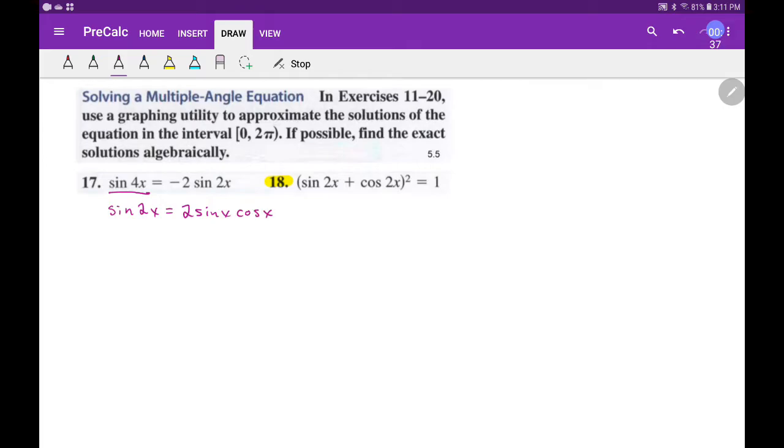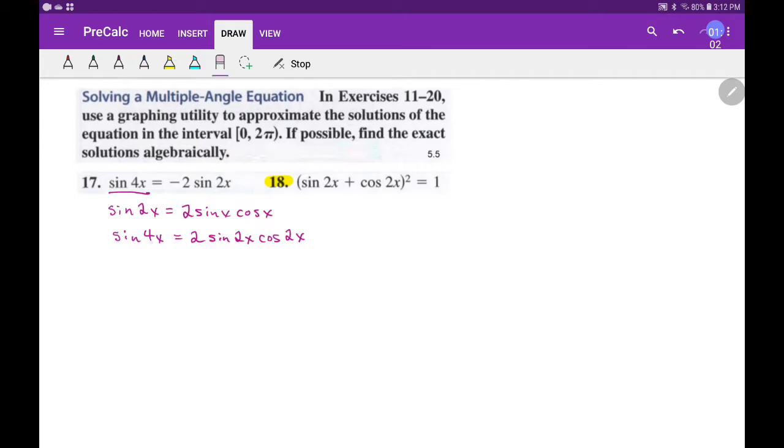So if we substitute in 2x for x for here and here, then we can say that the sine of 4x is equal to 2 times the sine of 2x cosine 2x.